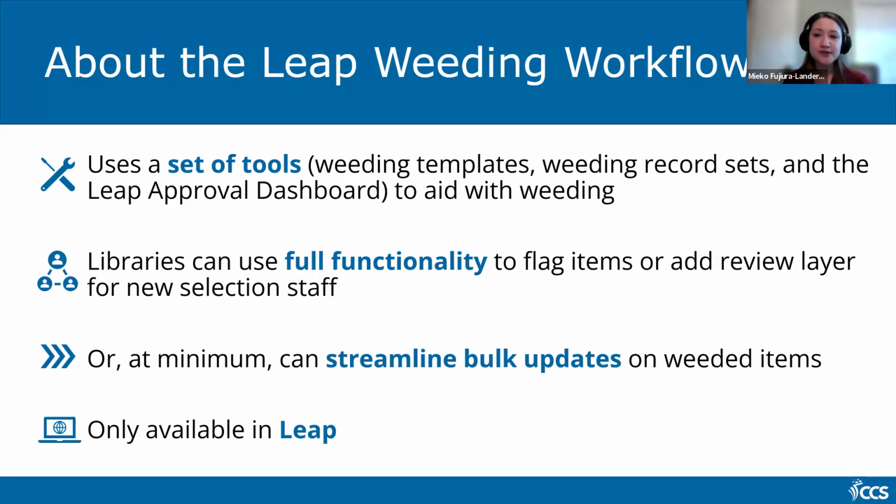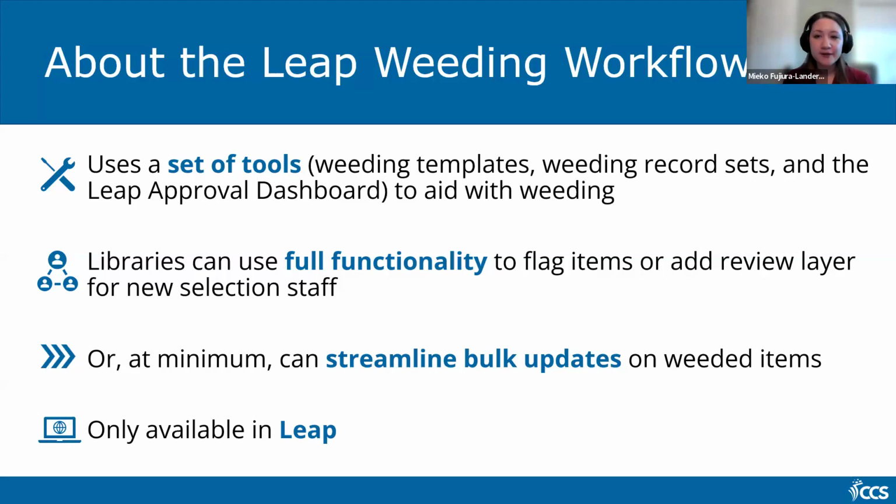If you have used templates and record sets before, there's going to be some familiarity with these tools, but the weeding versions do have unique characteristics, and that's why we're going to do a deep dive into them today. Like all other features in Polaris, the creation, access, and use of these tools is managed through permissions. In a few slides, we'll talk about what groups have access to which tools.